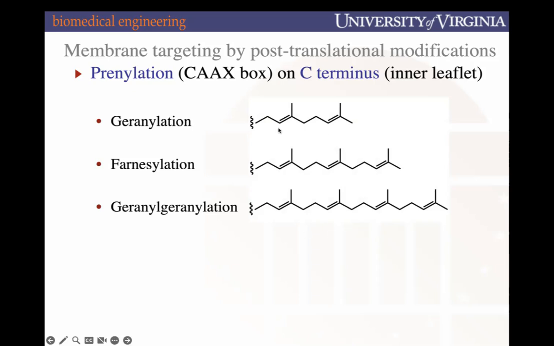These prenyl groups are long hydrophobic hydrocarbon tails that are able to be embedded within the cell membrane and enable these proteins to be tethered to the inner part of the cell membrane. Any prenylation is going to tether it specifically to the inner leaflet. We're going to talk about an outer leaflet change, but prenylation is for the inner leaflet on the C terminus.